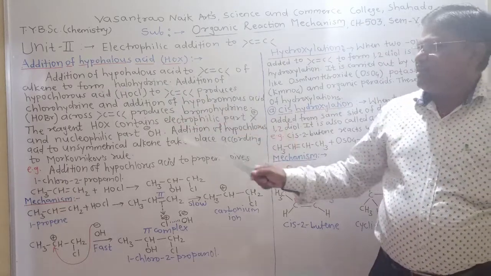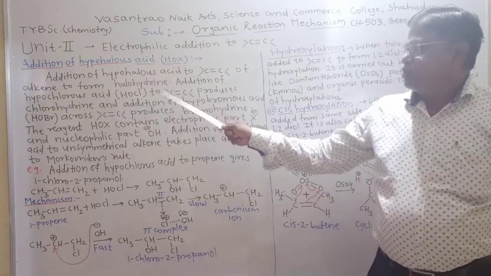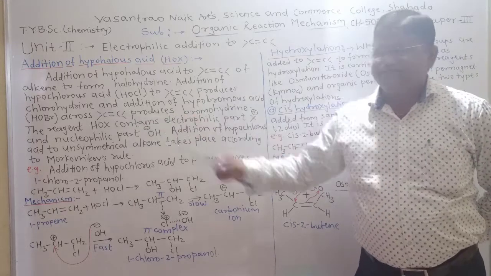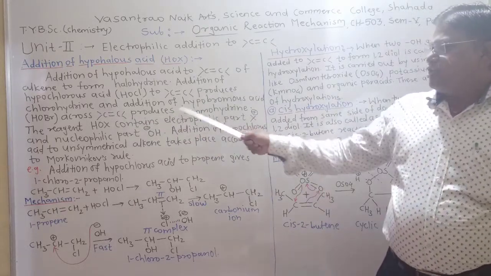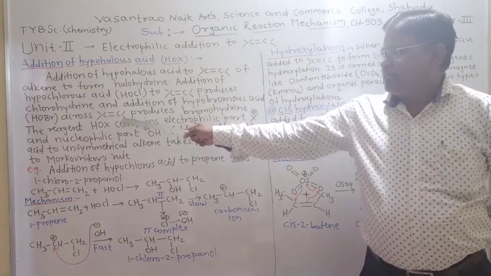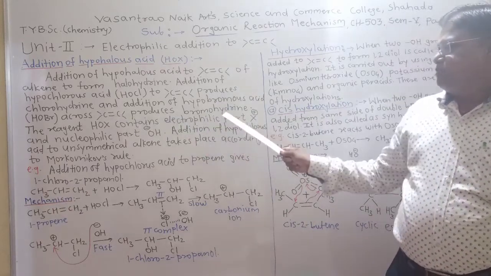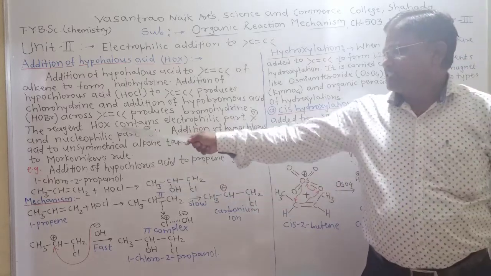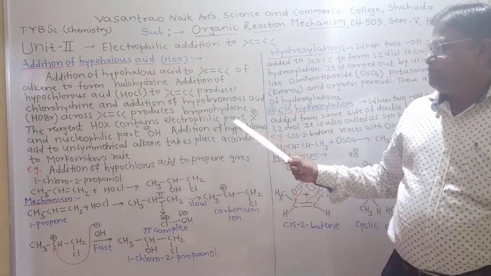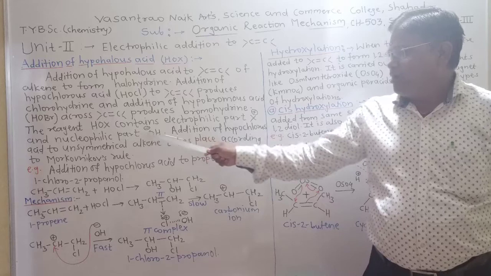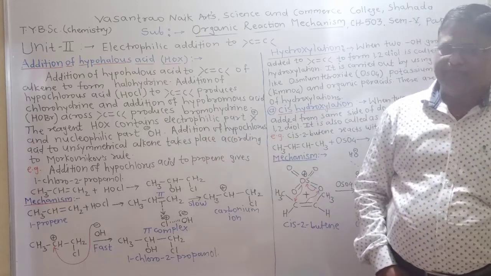The addition of hypochlorous acid to a carbon double bond produces chlorohydrin, and addition of hypobromous acid across a carbon-carbon double bond produces bromohydrin. The reagent HOX contains an electrophilic part, X positive, and a nucleophilic part, OH negative.